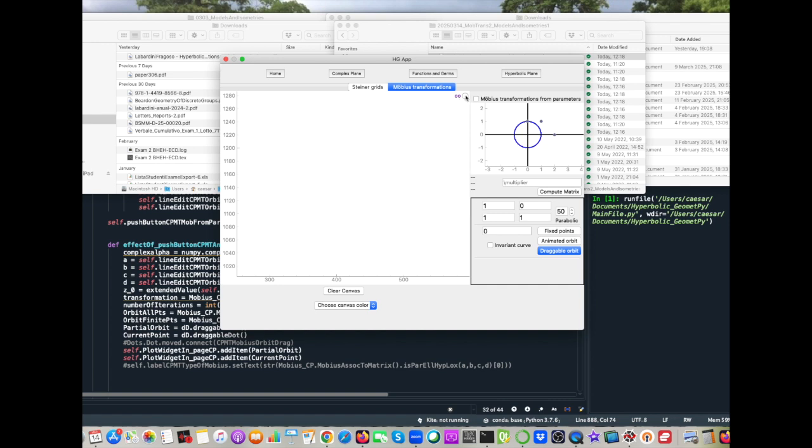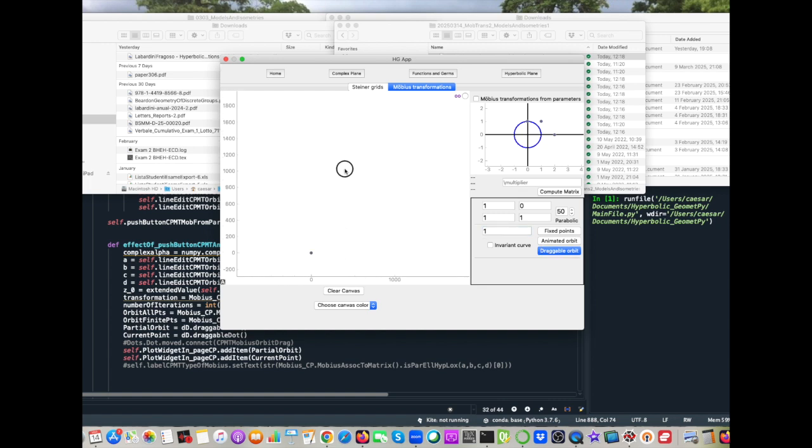In some animations, I can make it blink. But I think I have not finished programming this for parabolic. Anyway, so let me then go to 1.